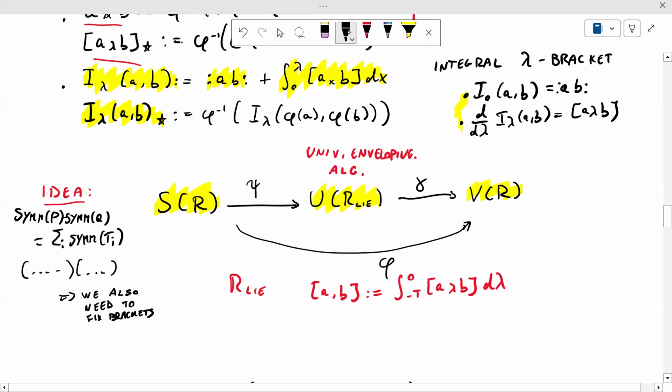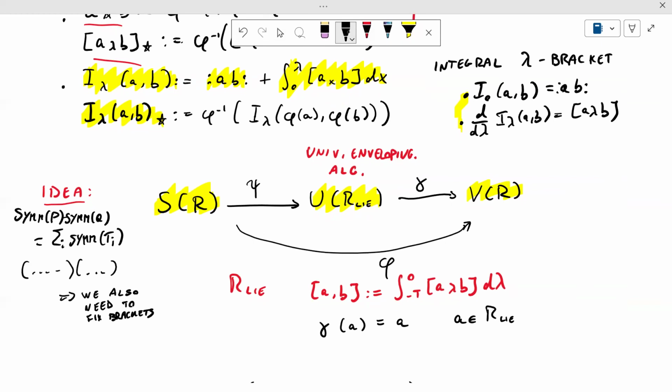And gamma will be defined inductively as gamma of A equal to A for A in R, and gamma of AB equal to A normally ordered product with gamma of B, for generic B. Basically, this is imposing the order of parentheses that we discussed as the normal one, so associating on the right first.